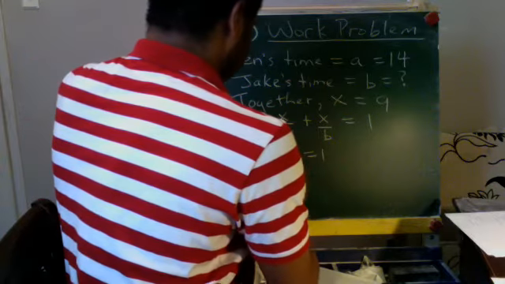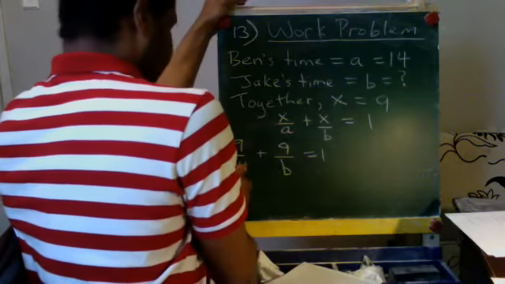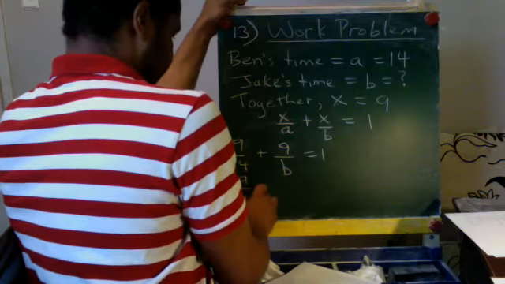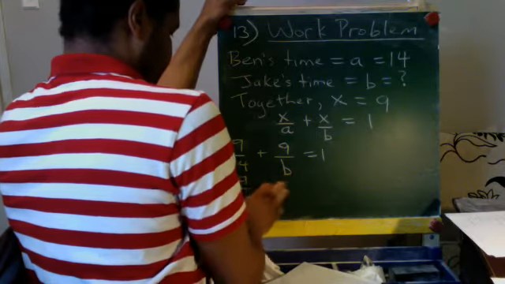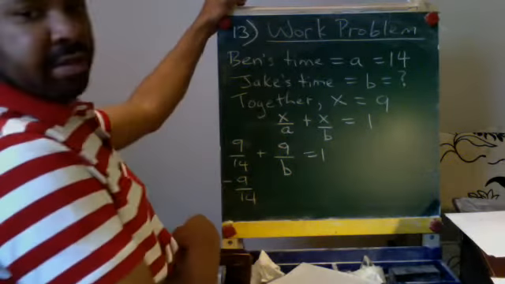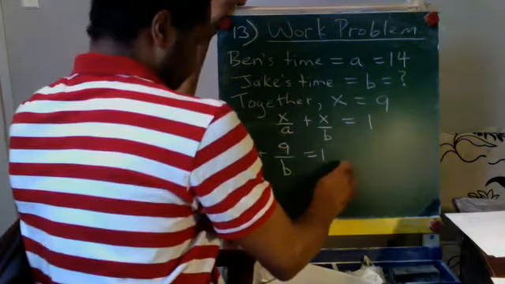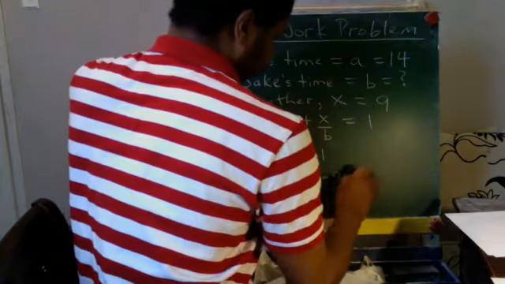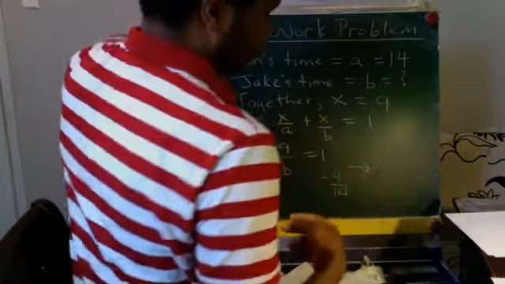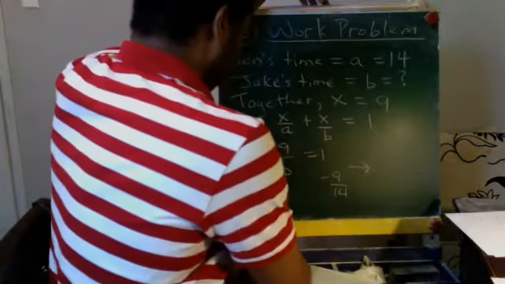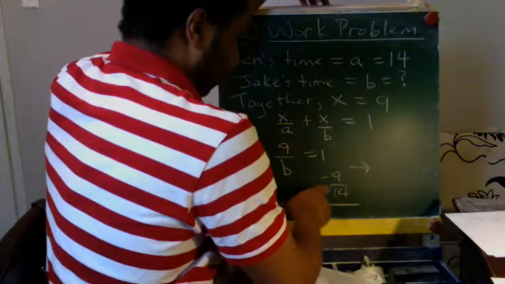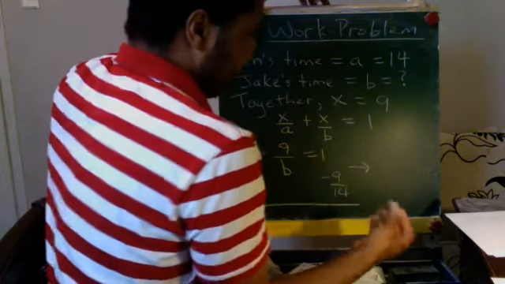Which means now I can basically subtract 9 over 14 from both sides of the equation. And you should know from your days of fractions that if you take away 9 14ths from one whole, you're going to have 5 14ths.